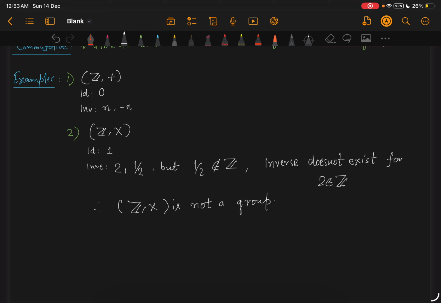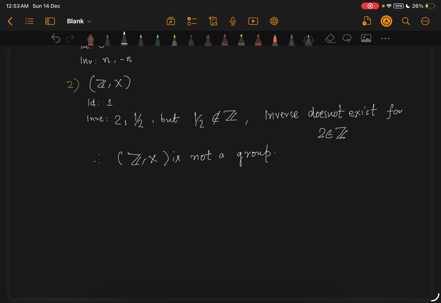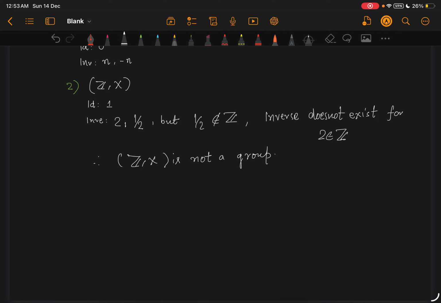Z is a group with respect to addition, but it's not a group with respect to multiplication. What are some other examples? Some typical one, not so basic maybe. An example that comes to my mind is GL_n(R).